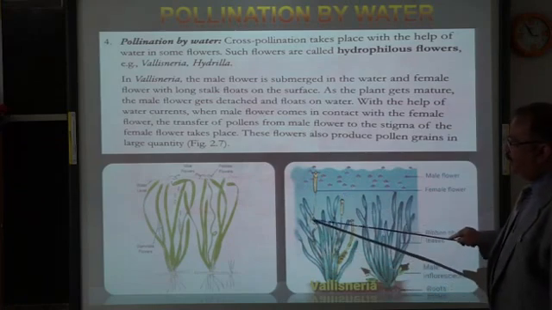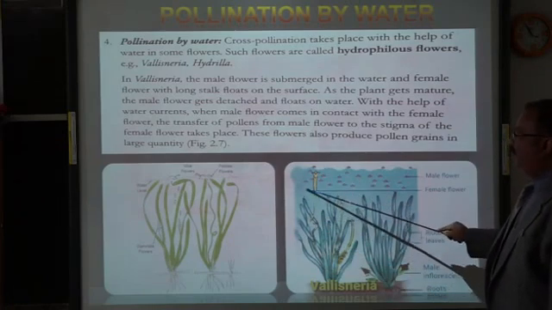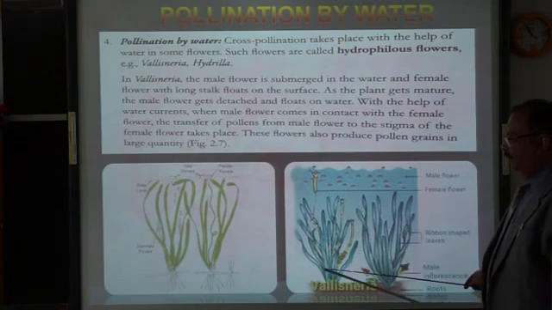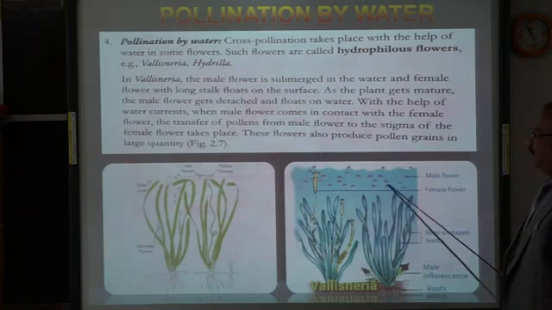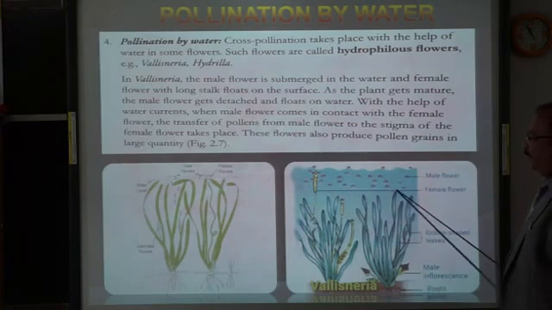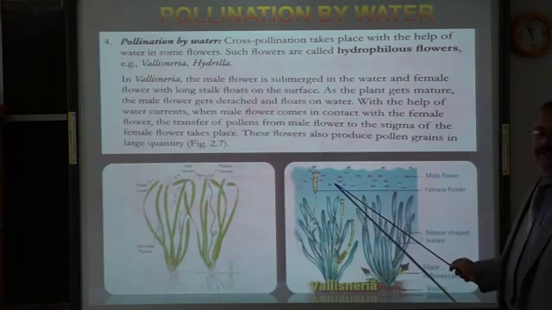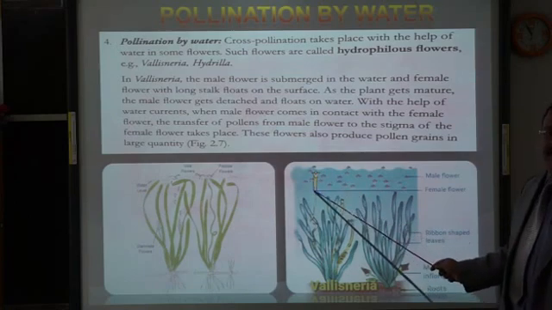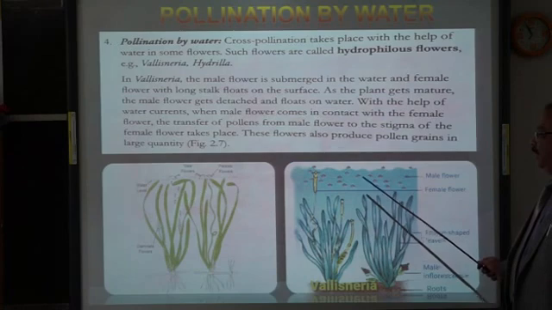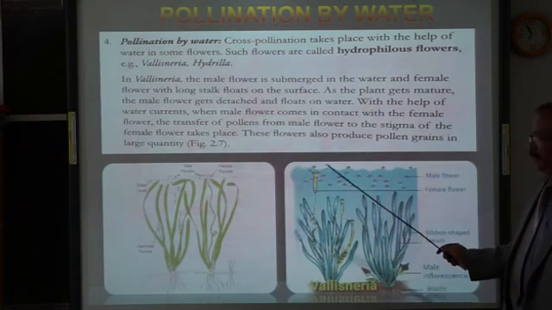And you can see, this is the female flower with a very long stalk. It has come up to the surface of water. So all these male flowers are moving on the surface of the water, and here the pollination takes place in the female flower. The pollens go from the male flower to the female flower. Okay.